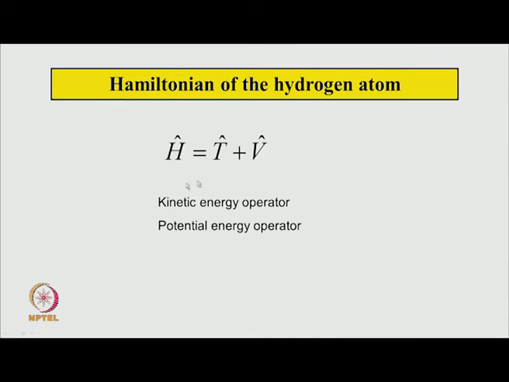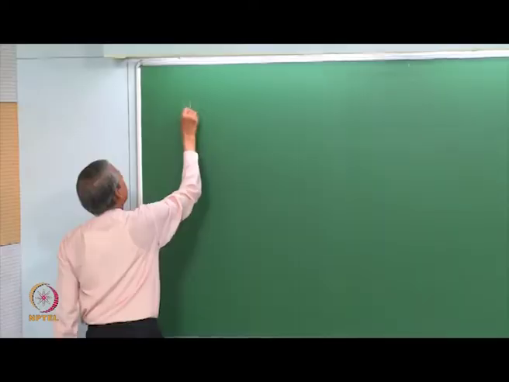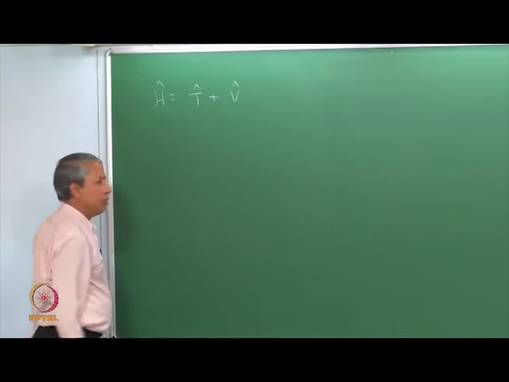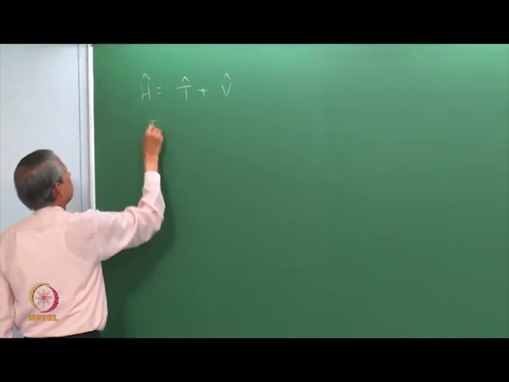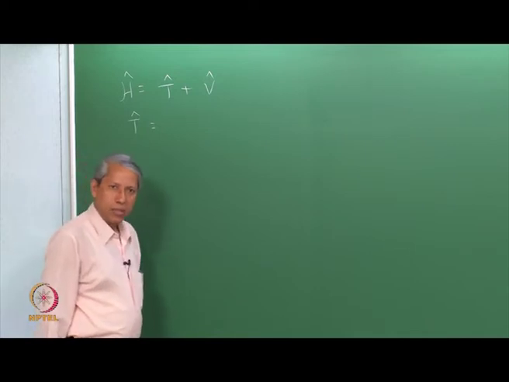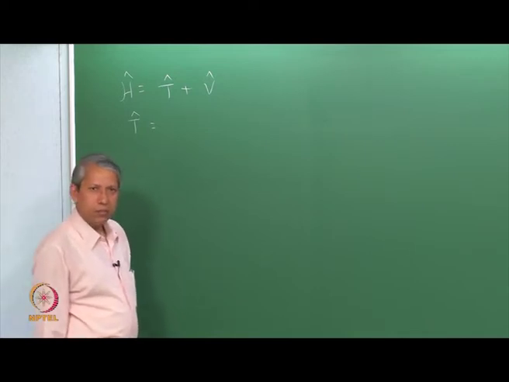As you all know, the Hamiltonian operator is a sum of the kinetic energy operator and the potential energy operator. For a hydrogen atom, this T and V can be written as the kinetic energy operator, which is the kinetic energy of the electron and the kinetic energy of the proton.